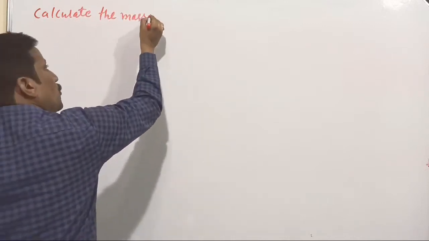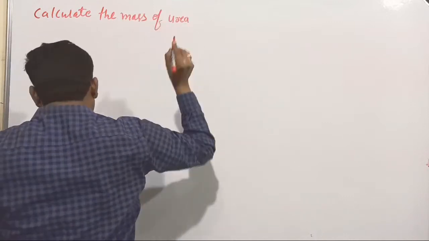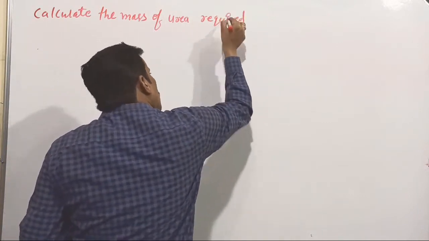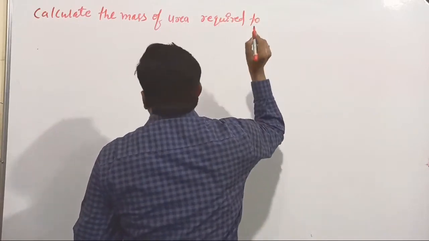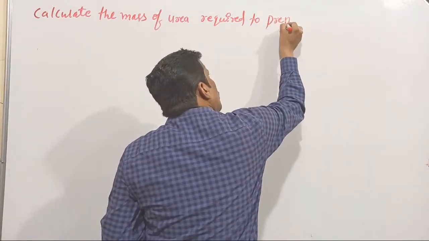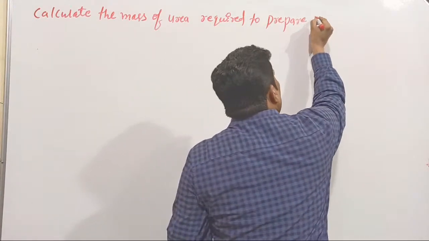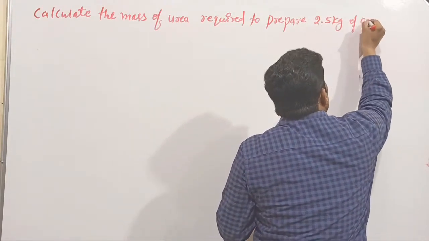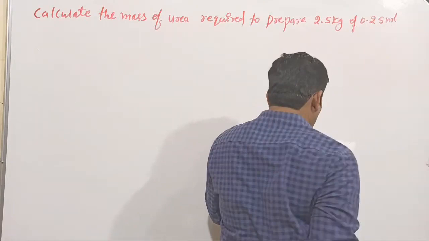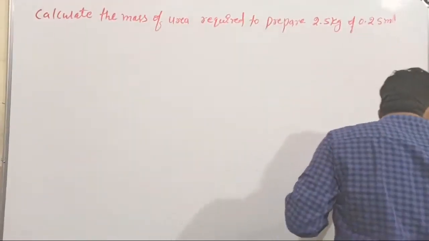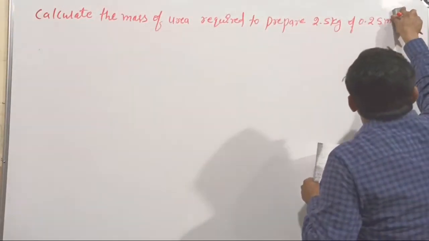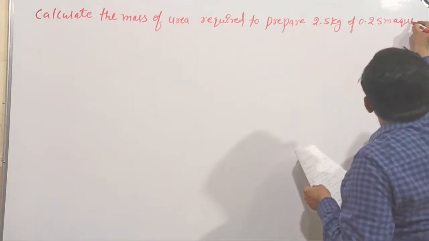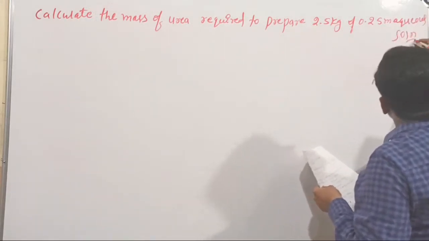Calculate the mass of urea required to prepare 2.5 kg of 0.25 molal aqueous solution.